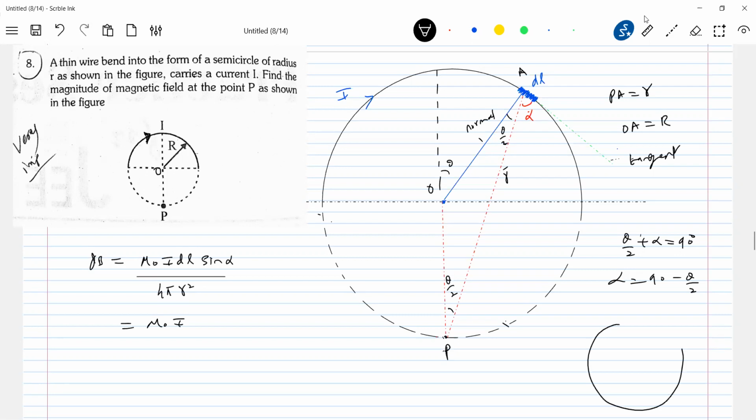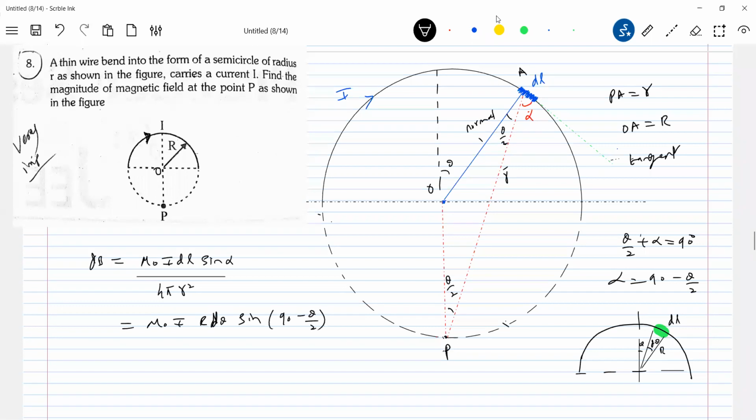I'll draw one more circle. DL, from looking at this, is R d theta, sine of alpha is 90 minus theta by 2, over 4 pi R square.